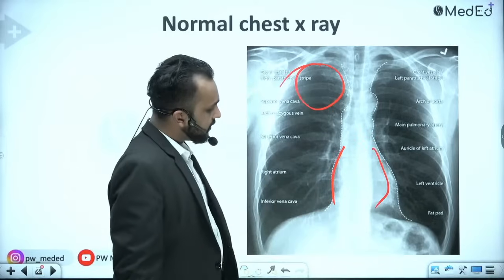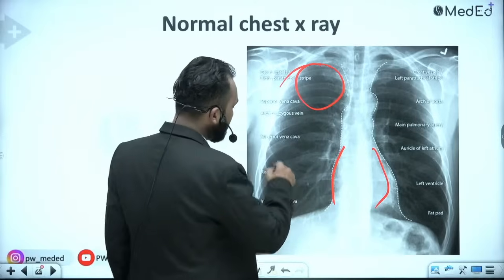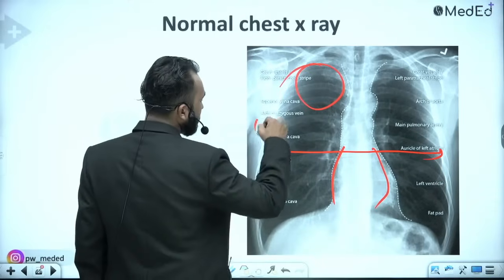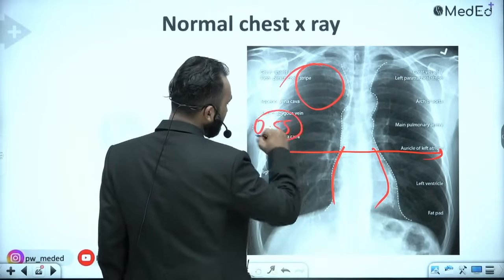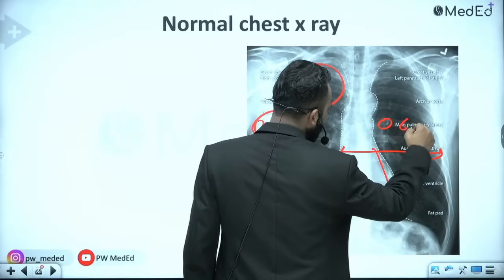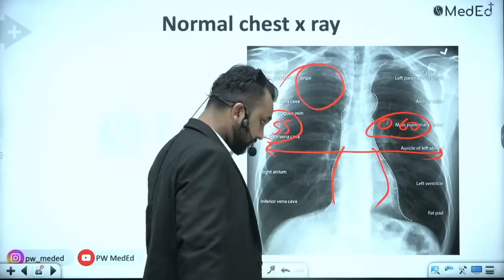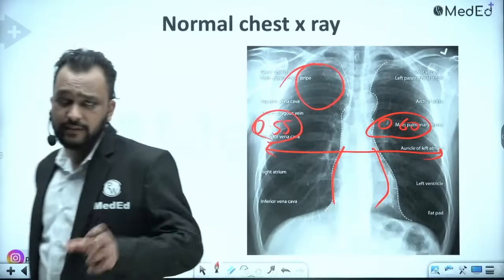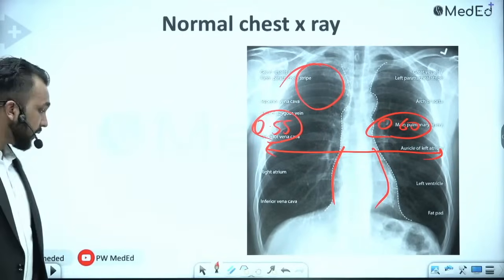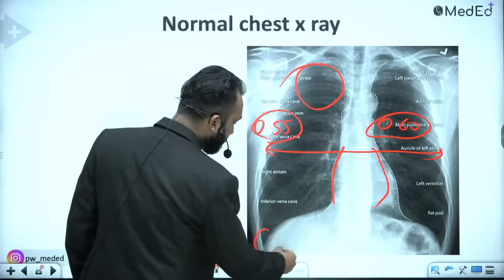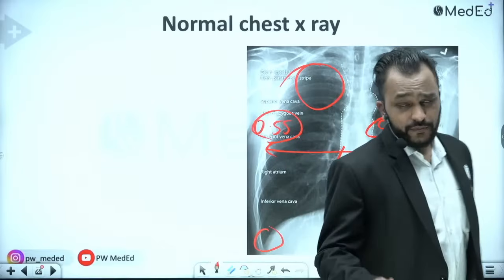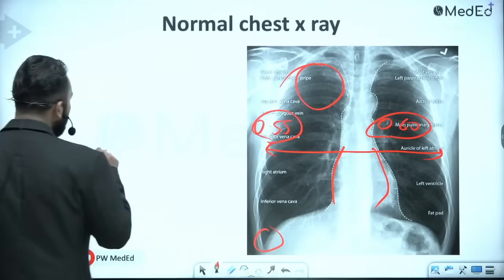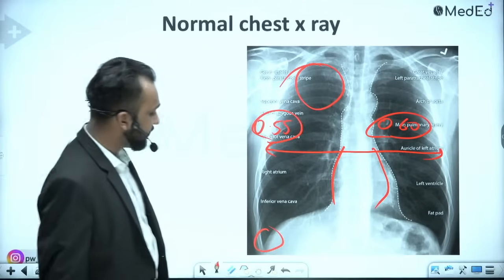Normally the ratio of the heart to the thorax is less than 0.55 in adults and 0.60 in children, right? If this cardiothoracic ratio is more than 0.55, it means that there is cardiomegaly in these patients.